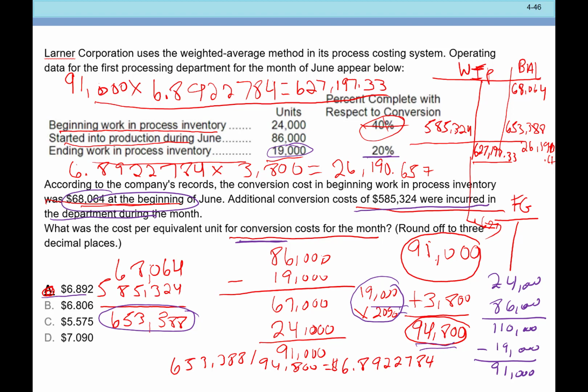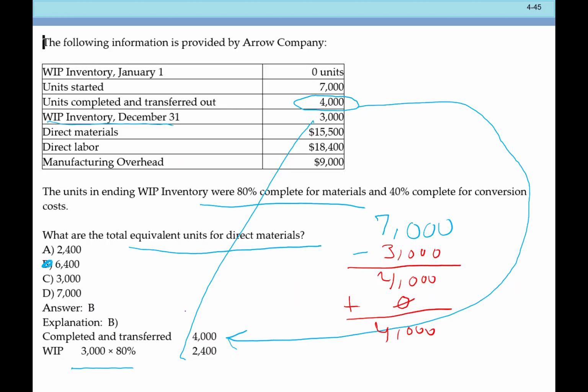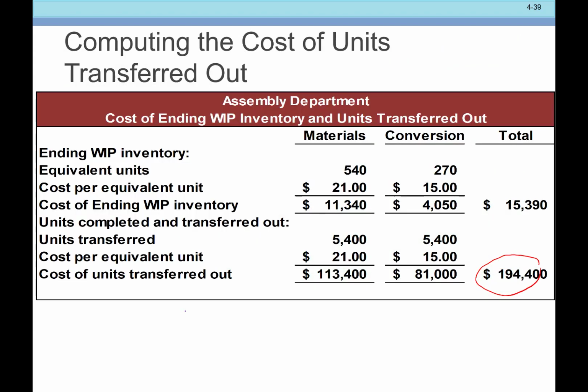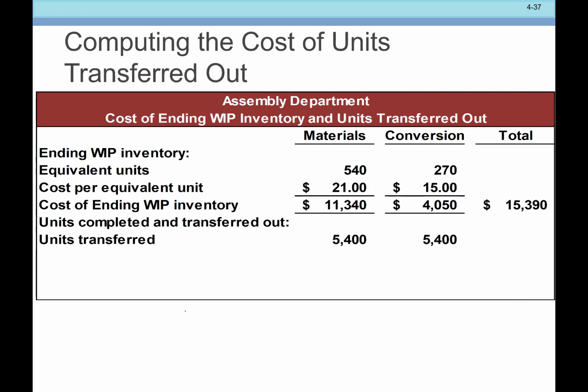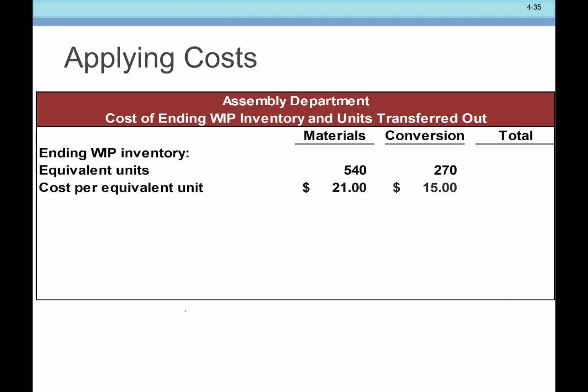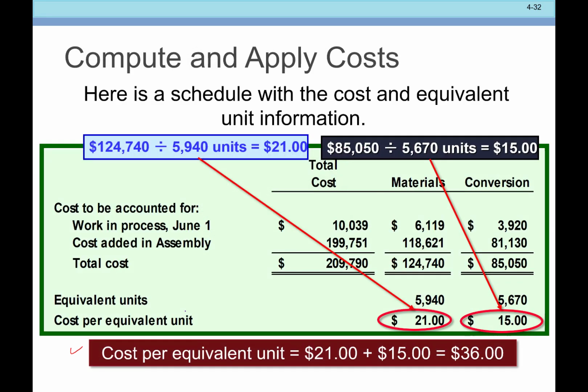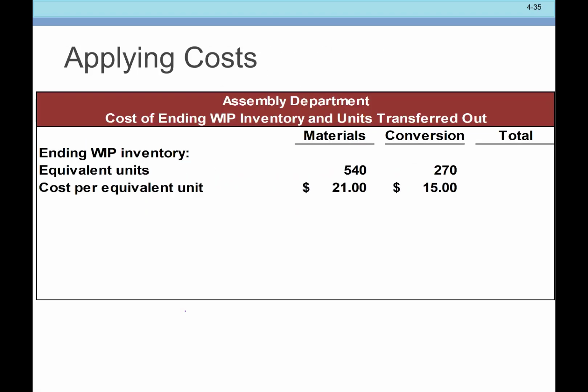Under weighted average, just to review, we took both the costs that were in the beginning and the costs that were added for the period, didn't we? For materials and conversion. And we're just doing conversion in this problem, right? So we pick up both of those numbers.